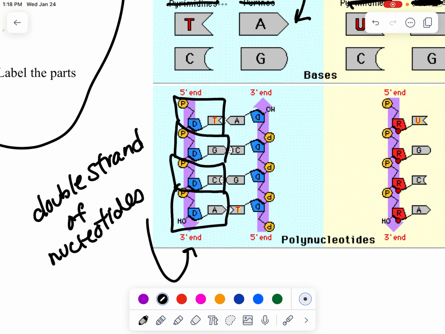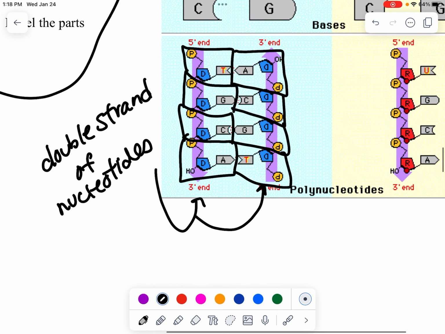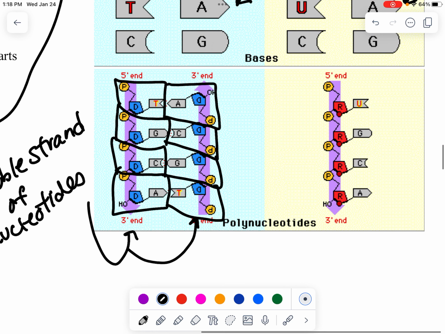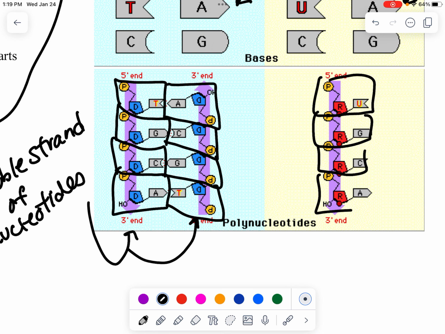And then there's another strand over here going the other direction. You'll notice it's kind of upside down; we'll get to that later. There are actually 8 nucleotides in that picture, 4 on each side. It's a double strand of nucleotides, whereas RNA, sugar, phosphate, base, is a single strand of nucleotides.